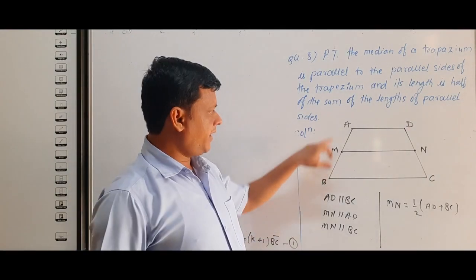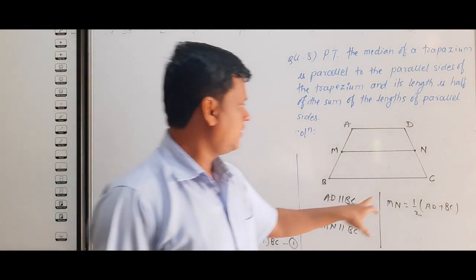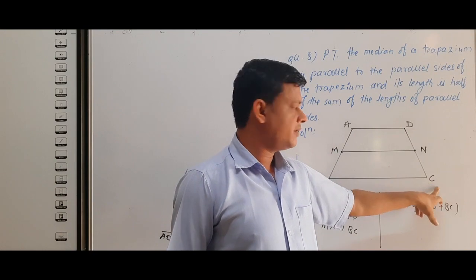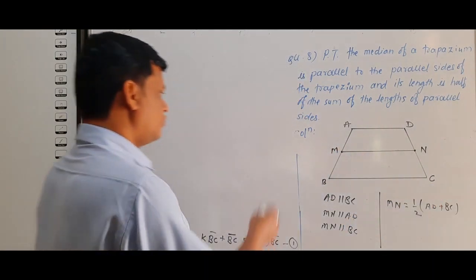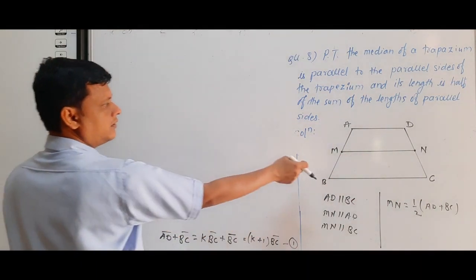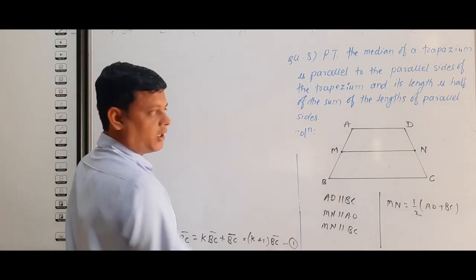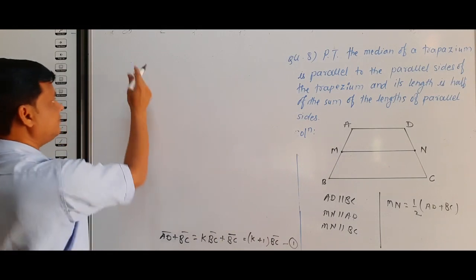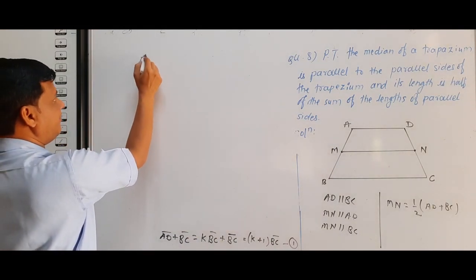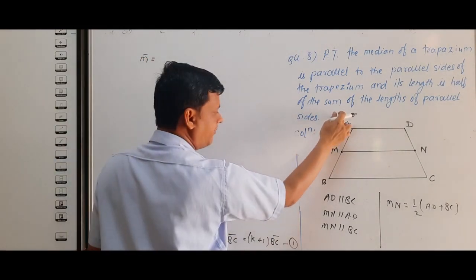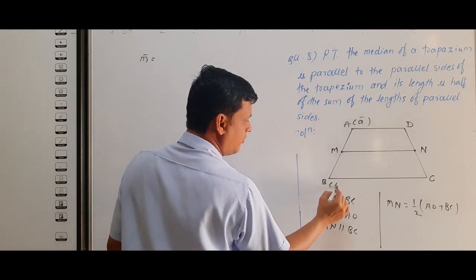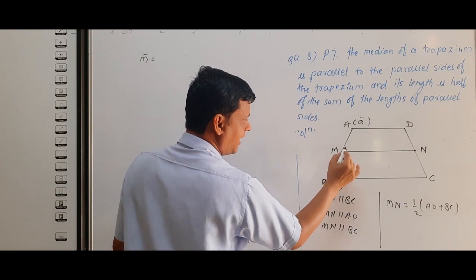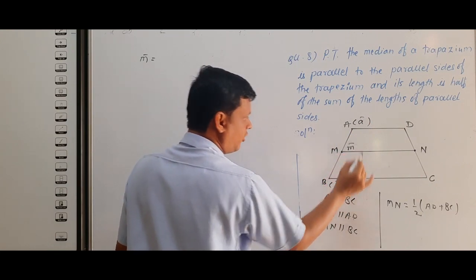Now M is the midpoint of side AB, N is the midpoint of side DC, and these two sides are non-parallel. So we write here, by using the midpoint formula, the position vector of point M. M bar is equal to A bar plus B bar upon 2, because the position vector of A is A bar, the position vector of B is B bar, and we consider the position vector of M as M bar.